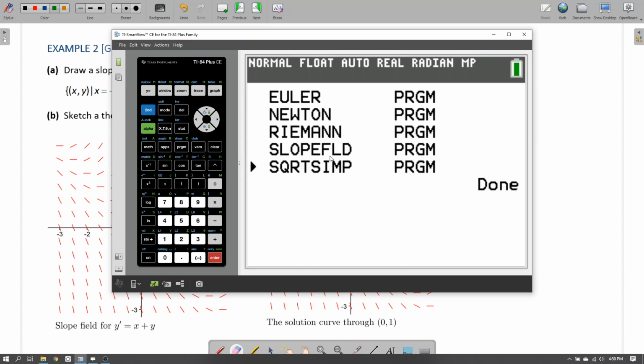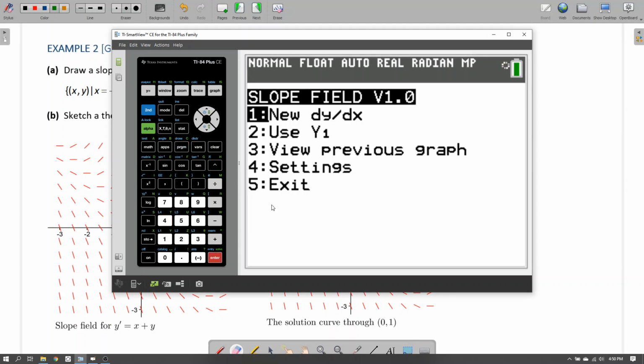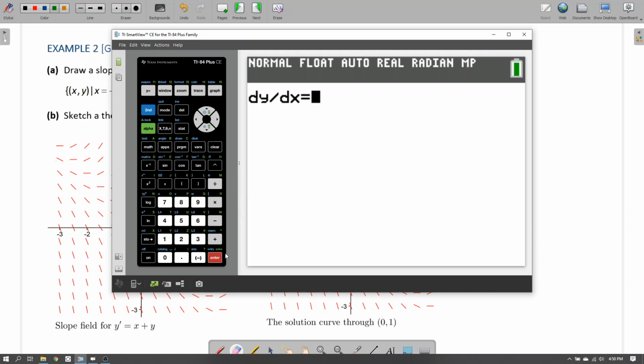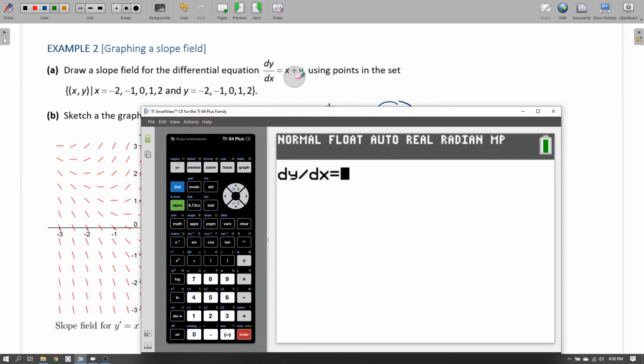But what we want right now is slope field. To activate it, go to Program and choose slope field. In the first menu, you have the choice to enter in your differential equation or use one that's already maybe entered into y1. We don't have anything entered yet, so let's go to the first option, and our dy dx is this expression here, x plus y.